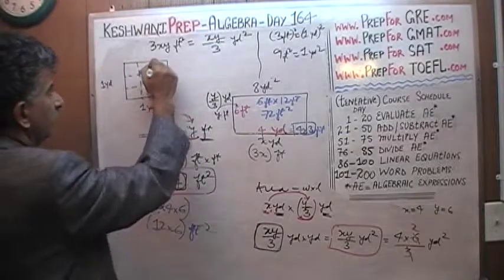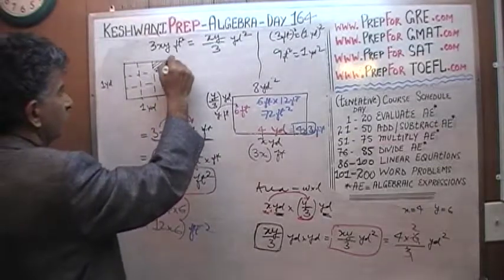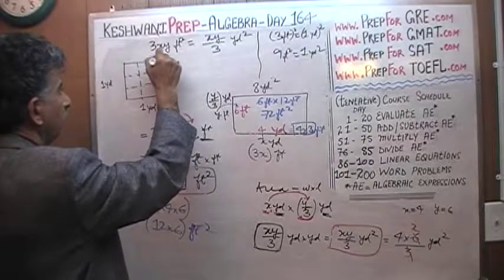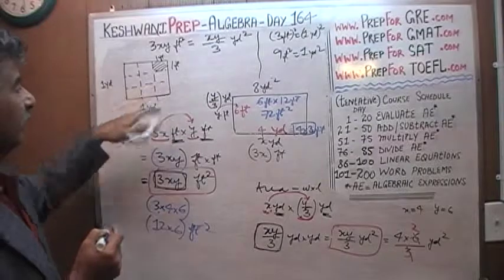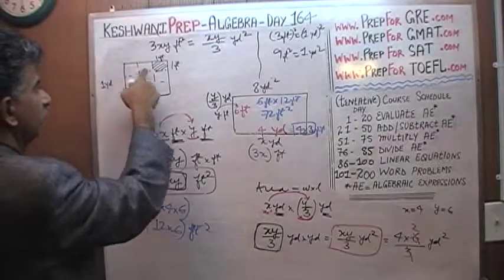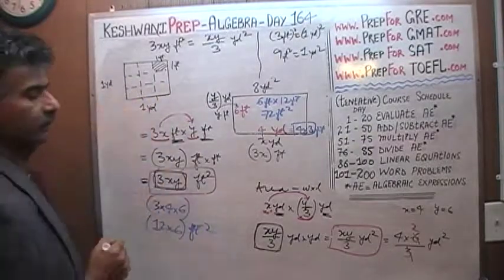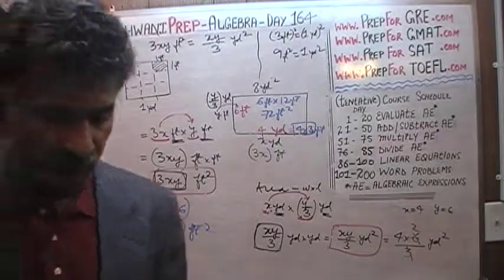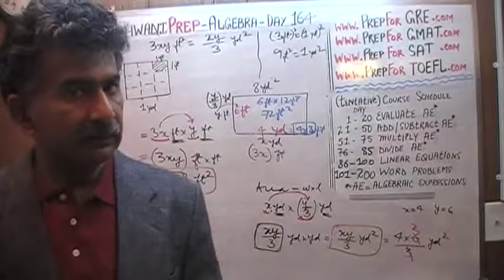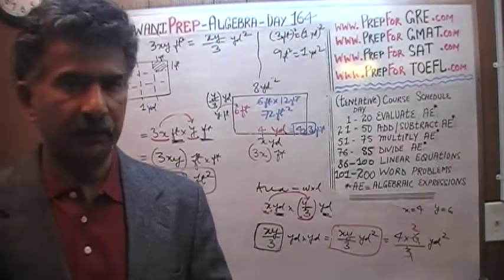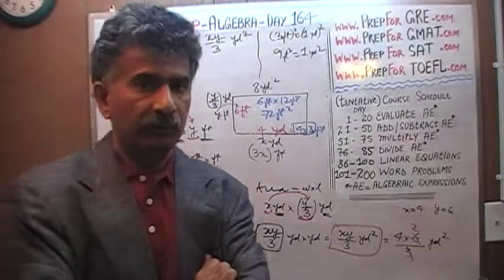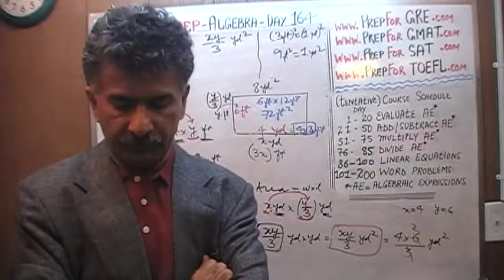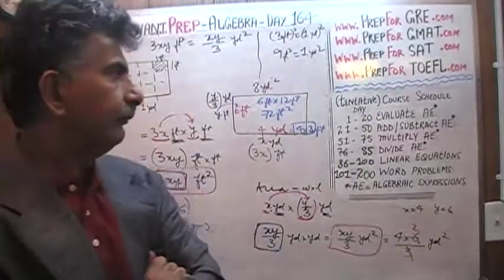And now the area of each of these boxes is 1 foot by 1 foot, and therefore the area of this small box is 1 square foot. And there are 9 of them. 1, 2, 3, 4, 5, 6, 7, 8, 9. 9 square feet make 1 square yard. 3 feet make 1 yard, not 3 square feet. 3 square feet do not make 1 square yard. It is a common mistake. Just pay attention, that's all.